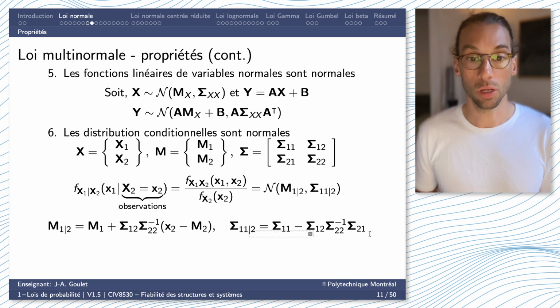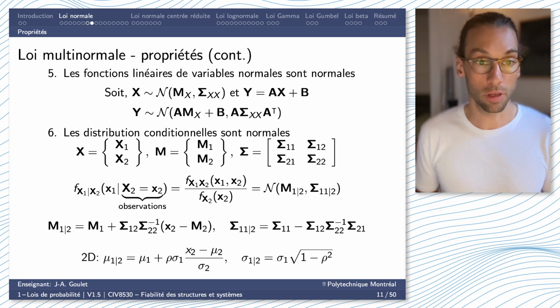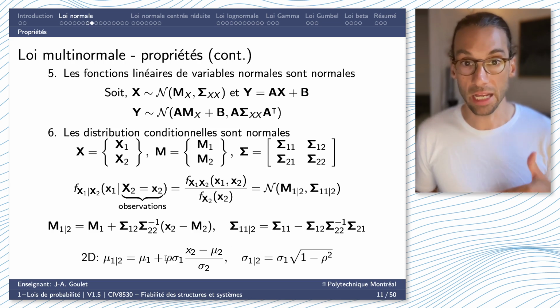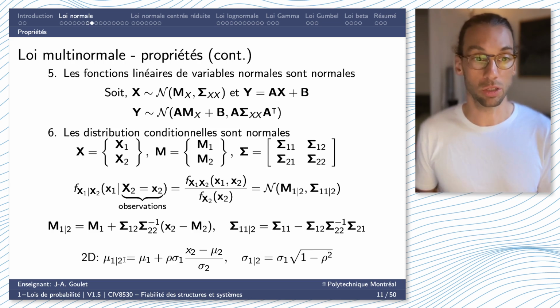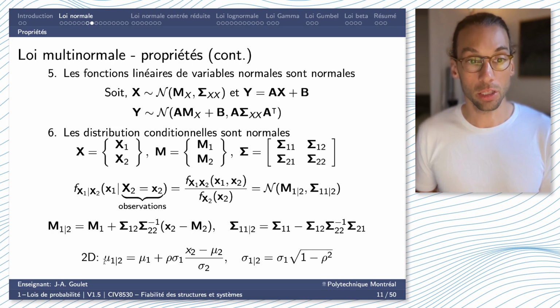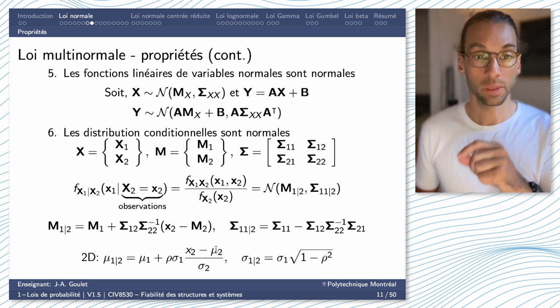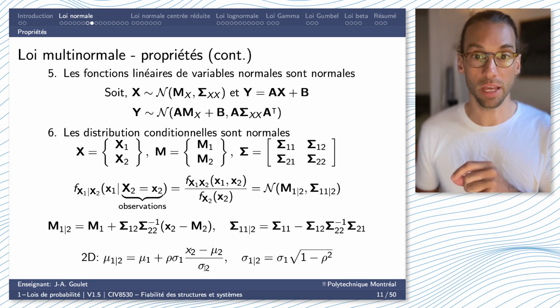So if we look at them in terms of the 2D case for a single x1 and a single x2, it looks like this. My conditional mean for x1, given that I have observed x2, is the prior mean for x1 plus the correlation coefficient times sigma 1 times x2, the observed value for my second variable, minus its mean, divided by its standard deviation.